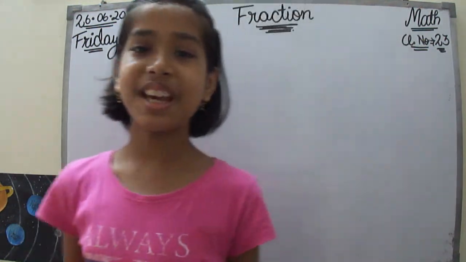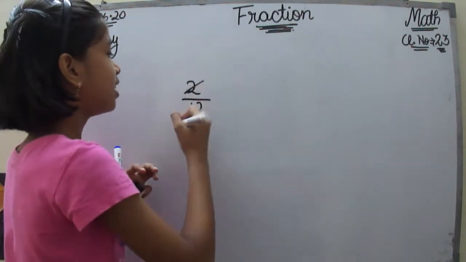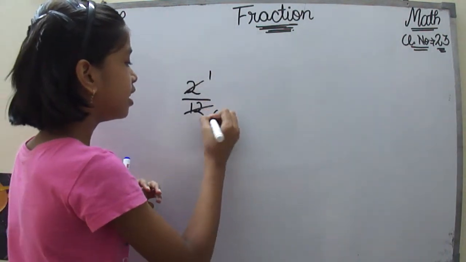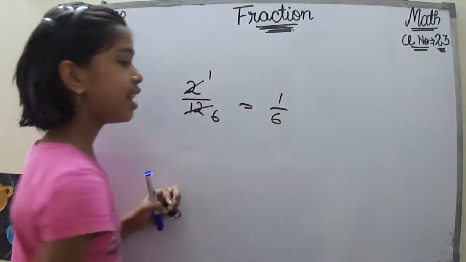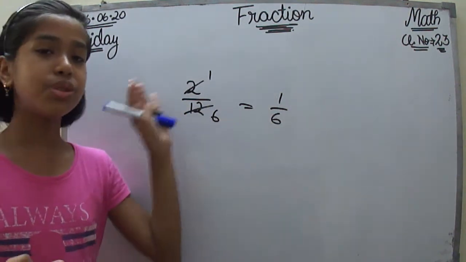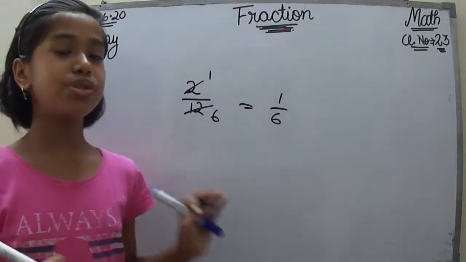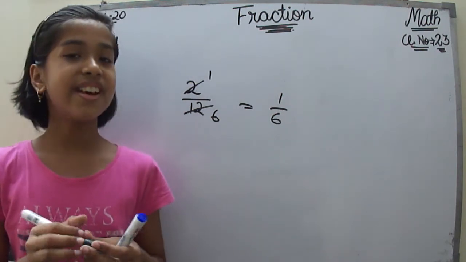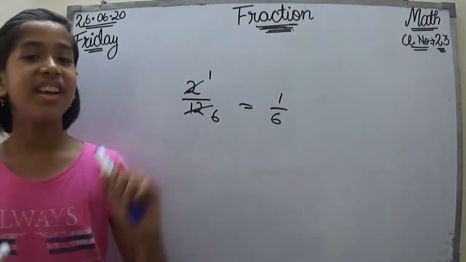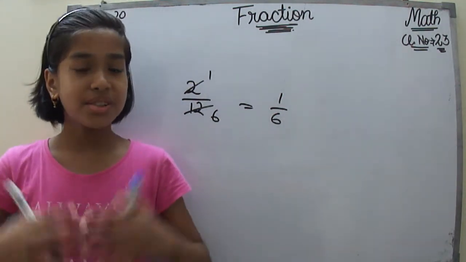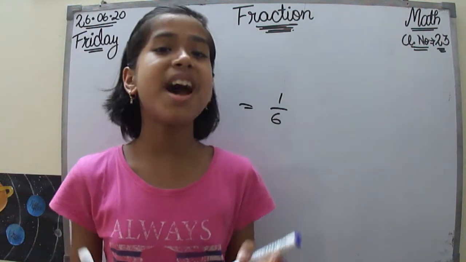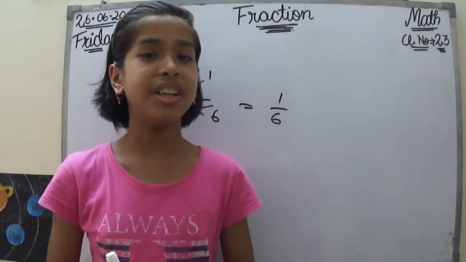Simply, I think you are a smart kid. You can say that this is 1 upon 6, as 12 goes into 2 6 times, and 2 goes into 2 1 time, of course. Now, I think this is also clear. So the fraction is very, very important.